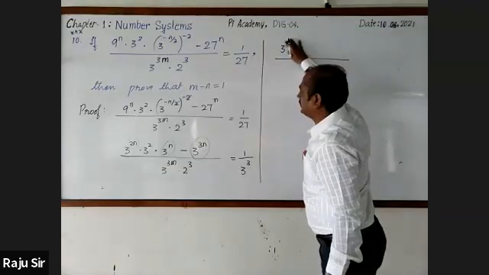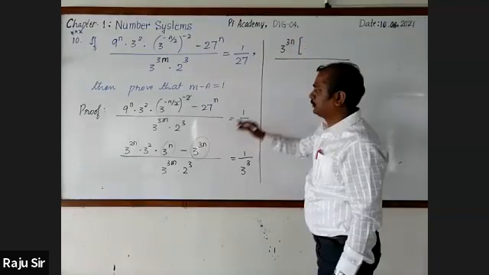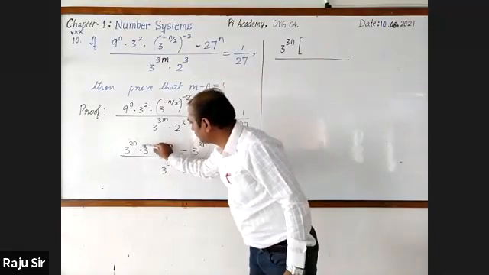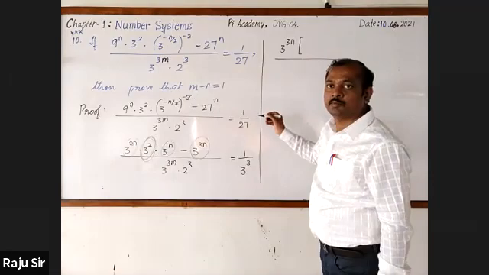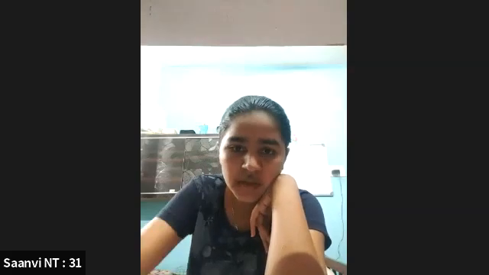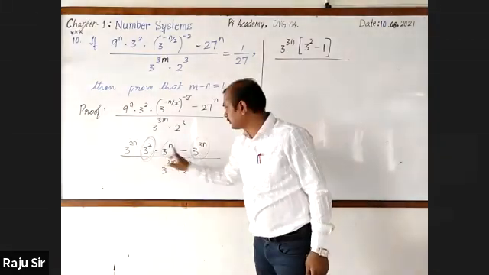Right. 3 raised to the power 3n into, then what will remain? 3 square minus 1. I have taken 3 raised to the power 3n as common. Then what remains is 3 square minus 1.